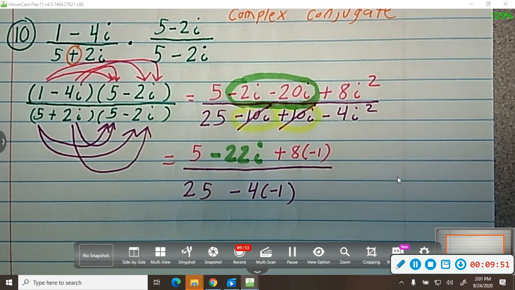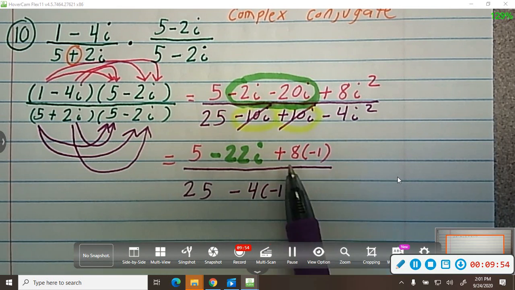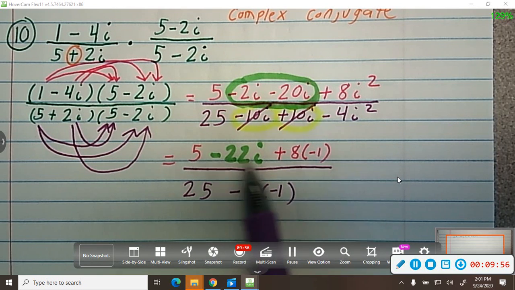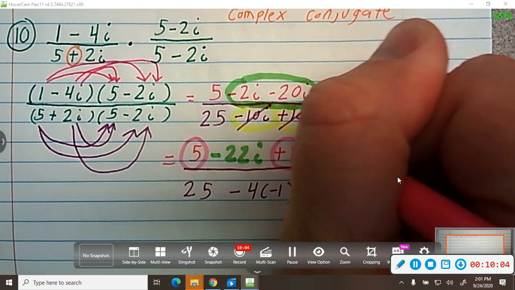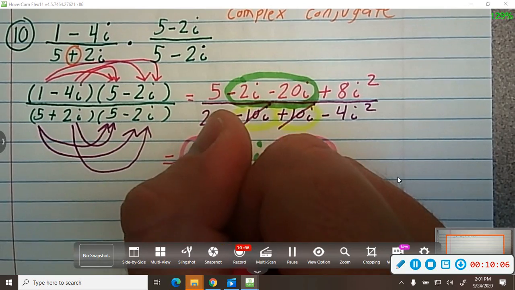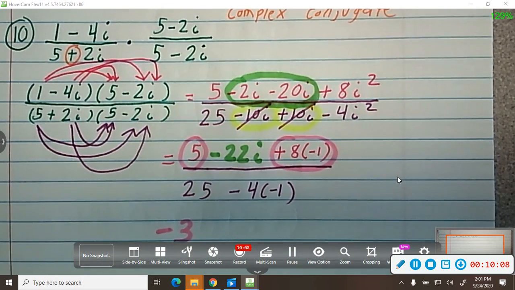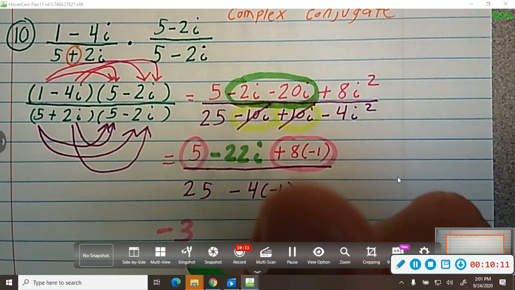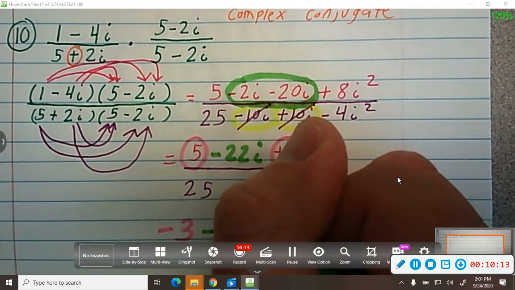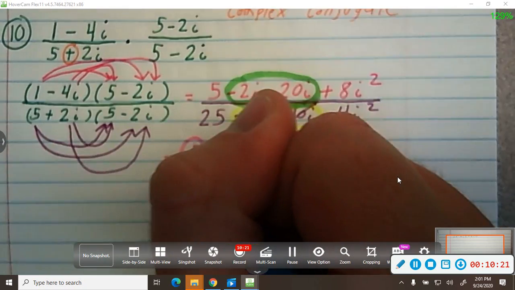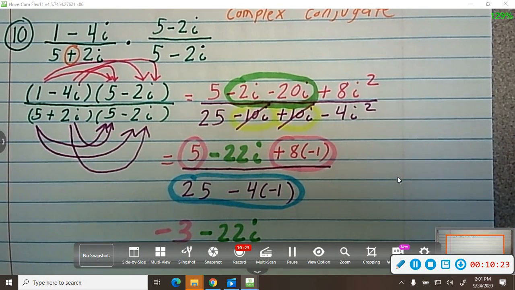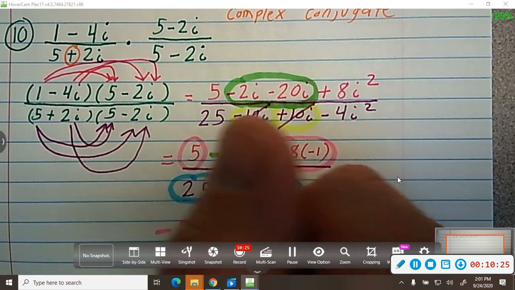From there, let's simplify. So that'd be 5 plus negative 8. What, negative 3? And then the minus 22i stays there. And then here, this part would be what, 25 plus 4? 29?